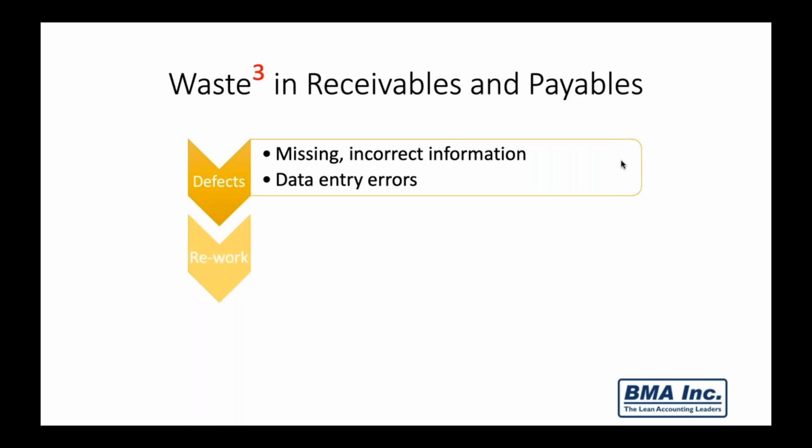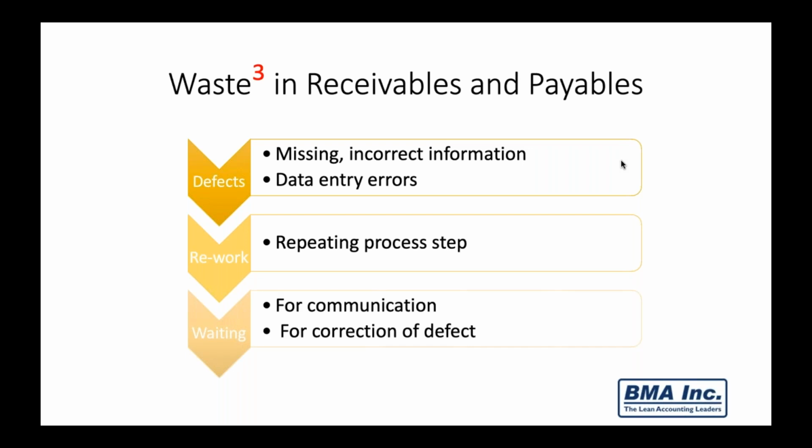Every defect in terms of missing or incorrect information, data entry errors, typically creates some rework in terms of repeating a process step, maybe repeating many process steps. And then there's the waiting time. The waiting time to communicate between the different people in the process, waiting for information so that we know how to correct this defect.